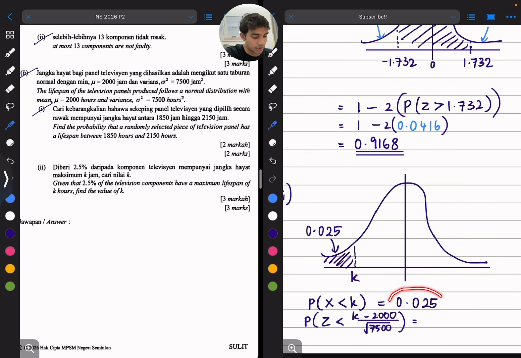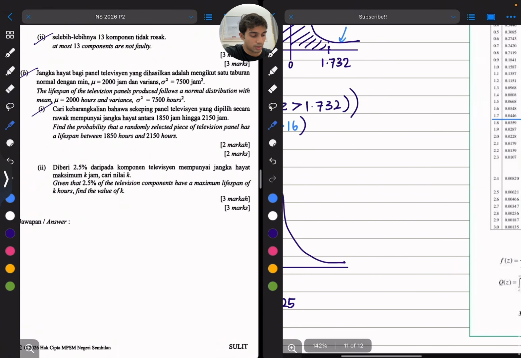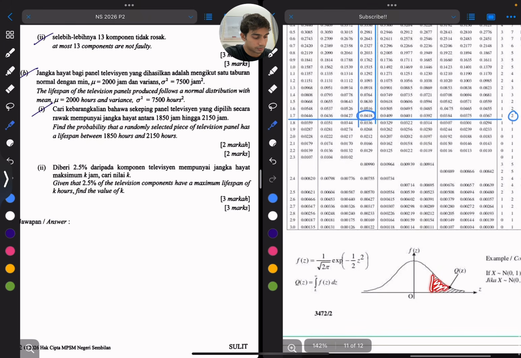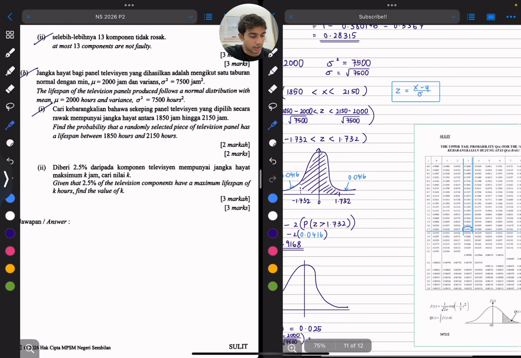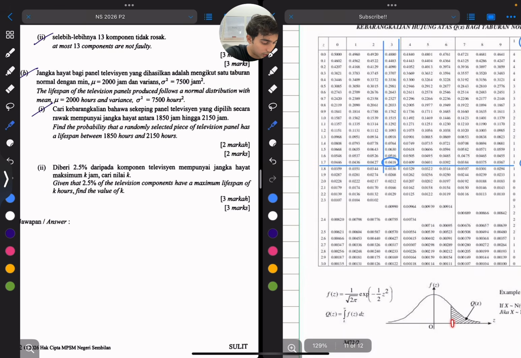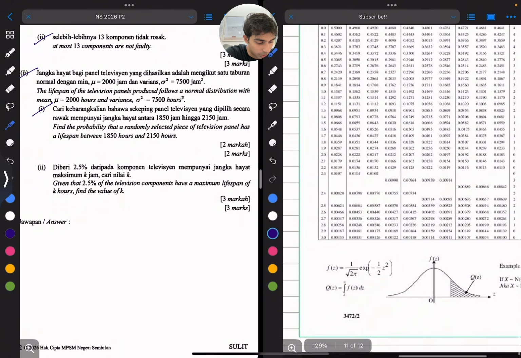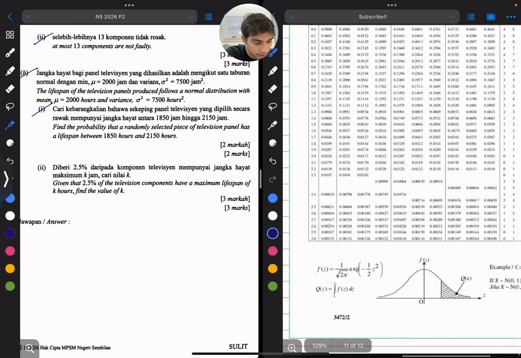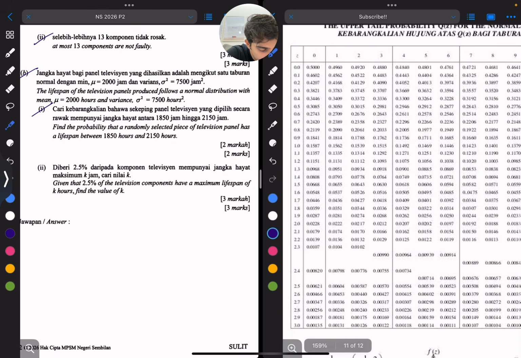So this one we have to use the table. We have to find which z-score corresponds to this area. But remember, our table will give us more than. So when we find the area 0.025 here, it will give us the z value that is here, more than. Okay, so let's find the area 0.025. 0.0250 here.